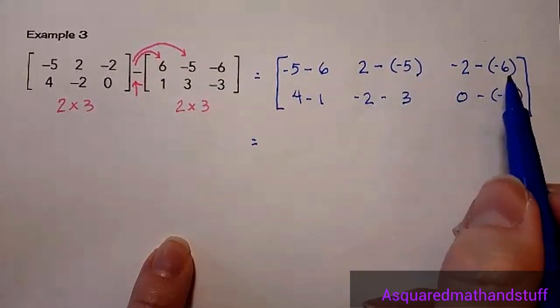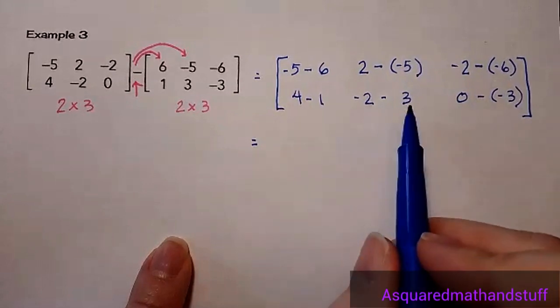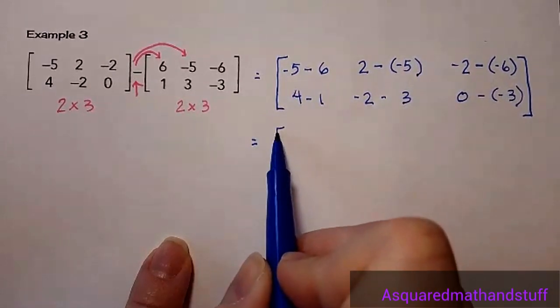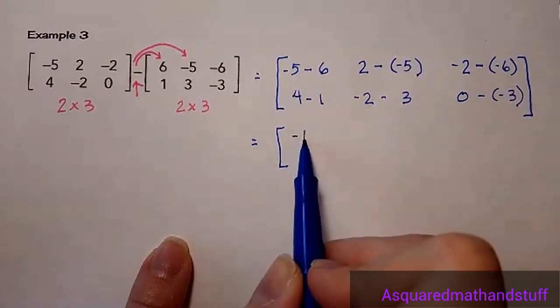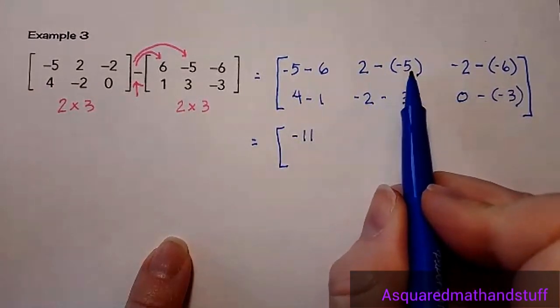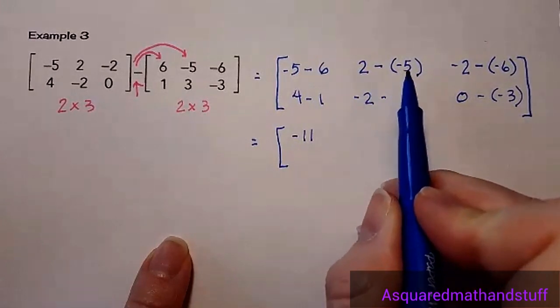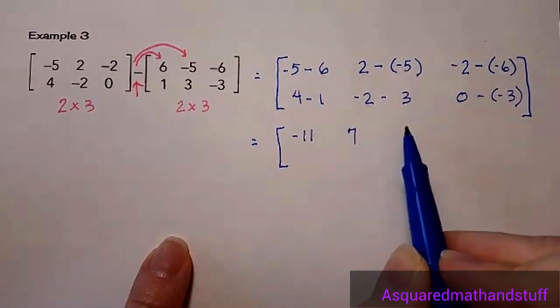Distribute these negatives through, and those will turn to positives, and then we can combine the like terms here when we have two negatives. So -5 minus 6 gives us -11. 2 minus a -5 turns this into 2 plus 5, so we get 7.